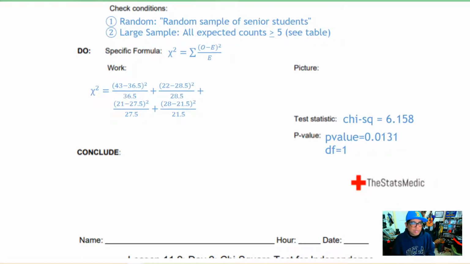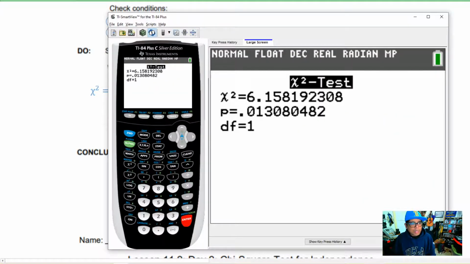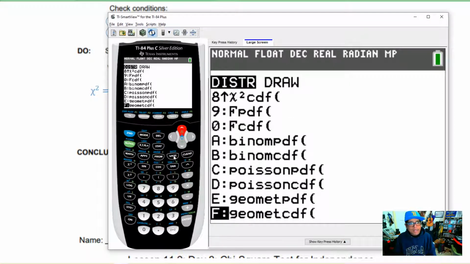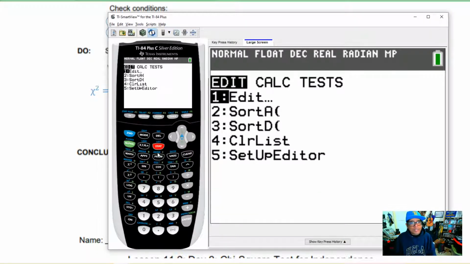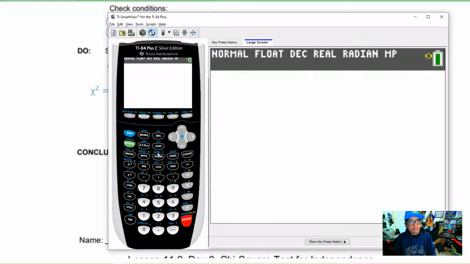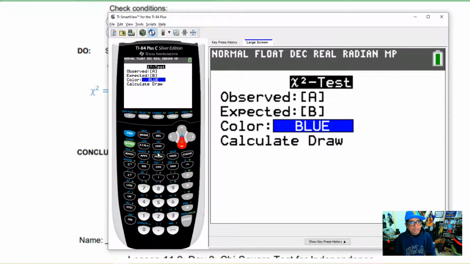Also, the calculator can provide us with a picture of the distribution. So we can just draw that as well. Let's go right back to that same menu. It is the chi-square. Oh, I'm in the wrong place, aren't I? We are in stat test, chi-square test, letter C, if you want to just type that in. And this time, instead of doing calculate, we're going to do draw.